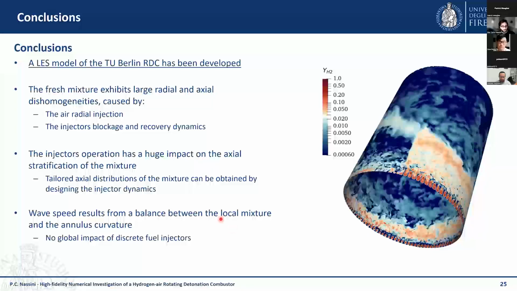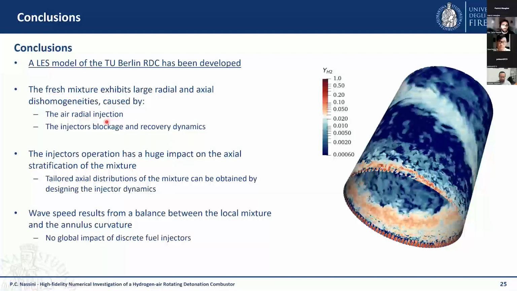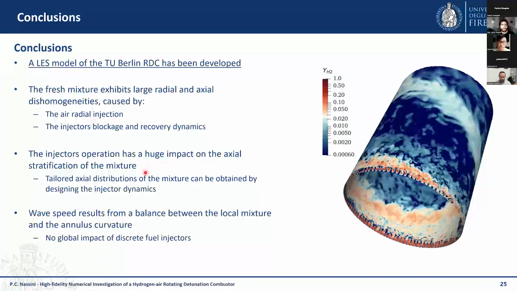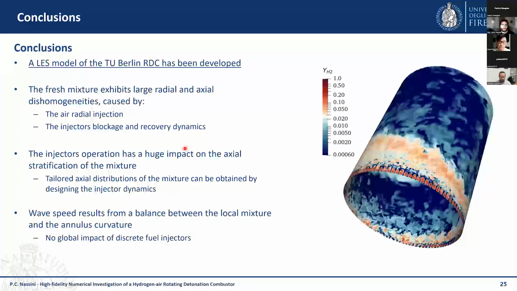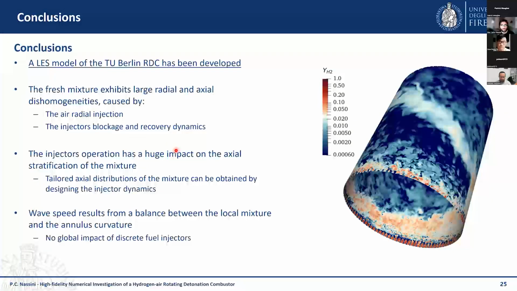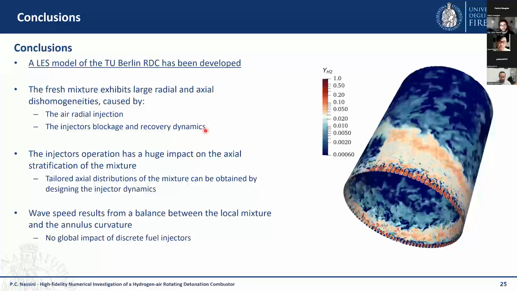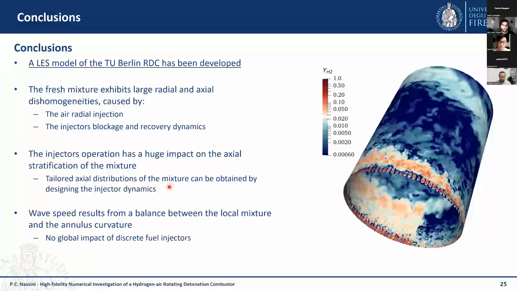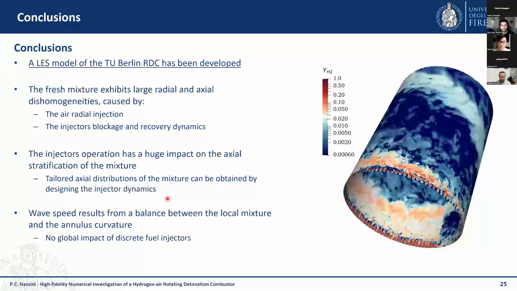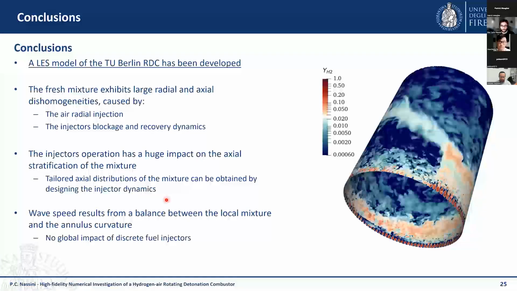So it went a little bit long, sorry for that. I've shown you that we developed the LES numerical model of the tube-burning RDC, trying to characterize the fresh mixture which is refilling the combustion chamber. This fresh mixture is showing large inhomogeneities both in the radial and the axial direction. Specifically, the axial stratification of the mixture is due to the differential blockage of the air and fuel injector dynamics.